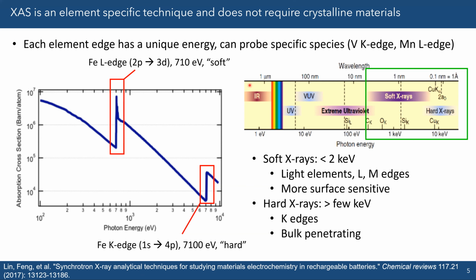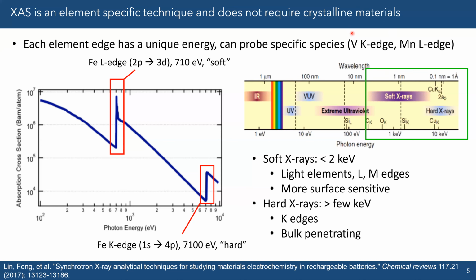So your vanadium edge and your manganese edge, for example, would be very far separated in energy. So you can focus only on the range that is relevant for a vanadium edge and only look at your vanadium in your sample. So this is super useful, that you can probe a specific element that you want.